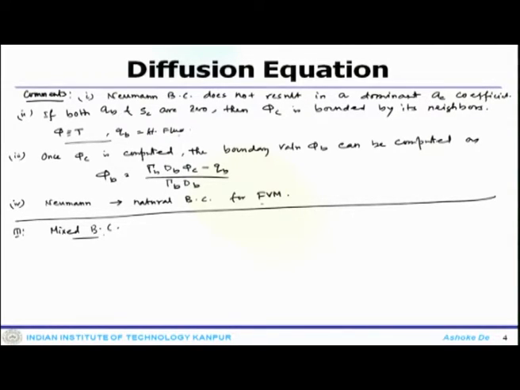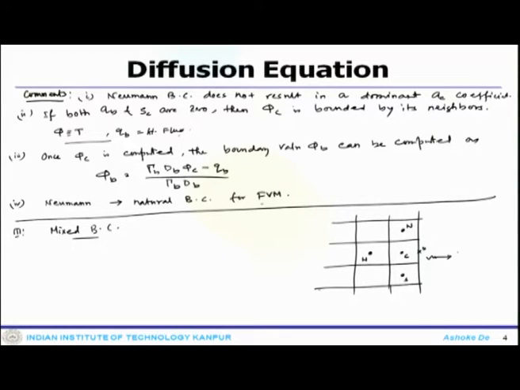So, for the mixed boundary condition, if we again draw these elements and apply the boundary condition: this is my element C, this would be north, this is west, this is south, and the boundary is point B. Here the boundary condition is applied with phi infinity, h infinity and phi b, so both of them are specified.